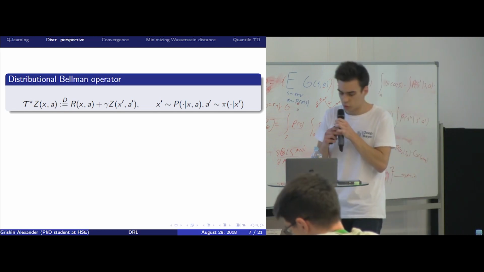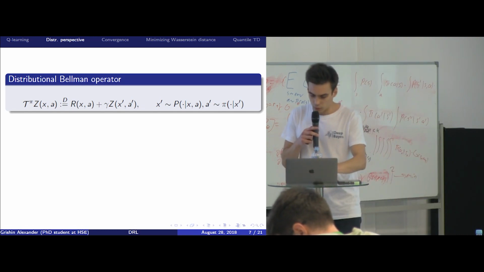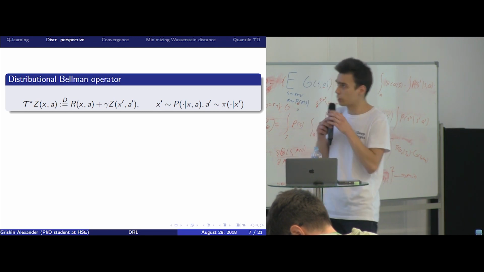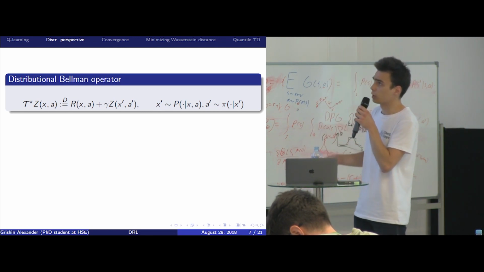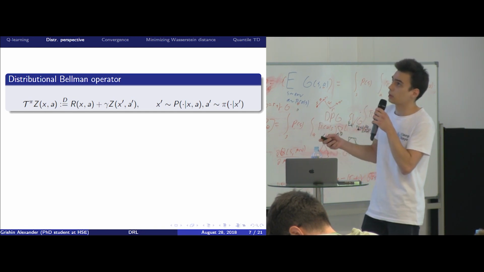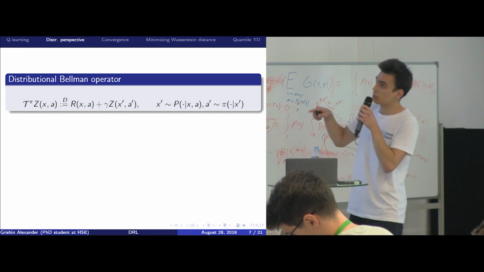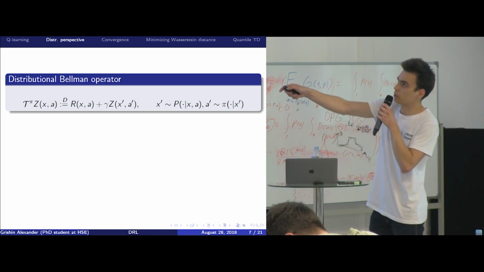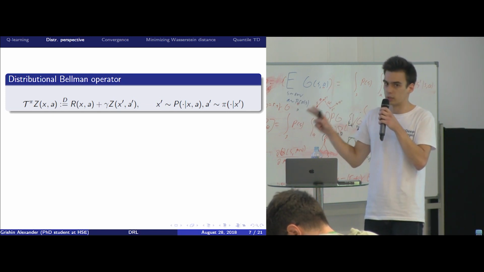Okay, the distributional Bellman operator. Now we work with distributions, and we can derive an equation similar to the Bellman expectation equation, the Bellman expectation operator: a distributional Bellman operator. And this equation should be considered as a distributional equality.